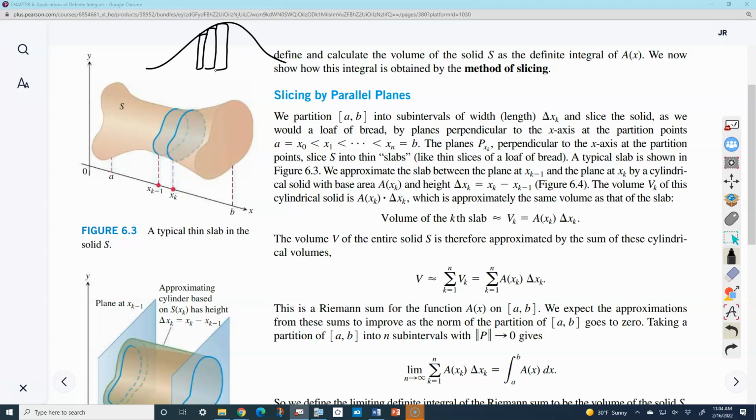Now instead of just two-dimensional rectangles, we're getting three-dimensional slices, almost like a slice of bread. Imagine this was kind of a weirdly shaped loaf of bread, and we're getting a slice of bread from that. That slice of bread has a small volume associated with it.